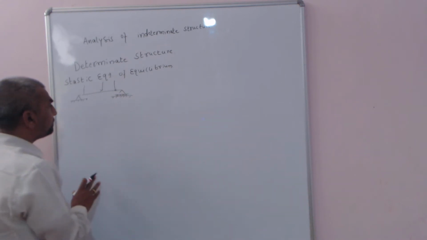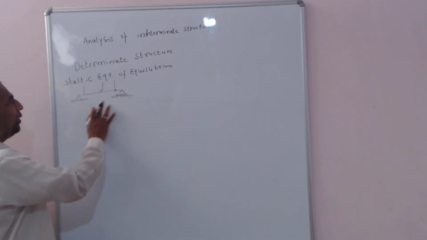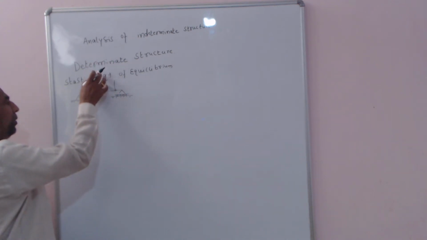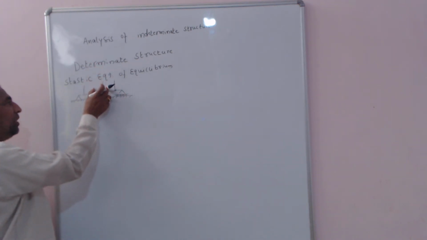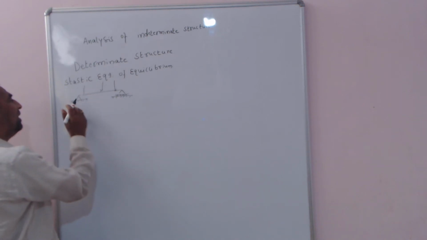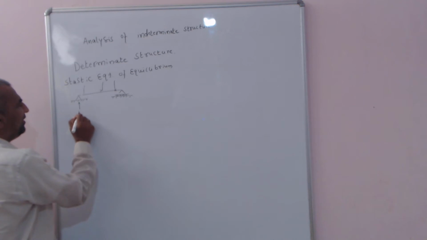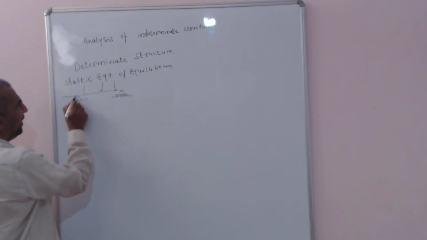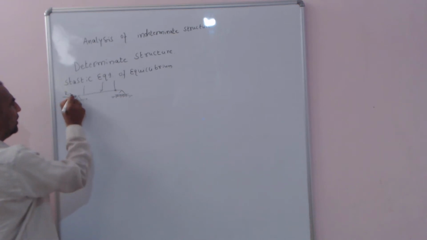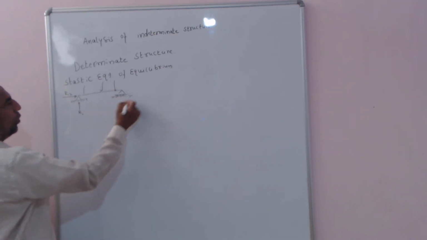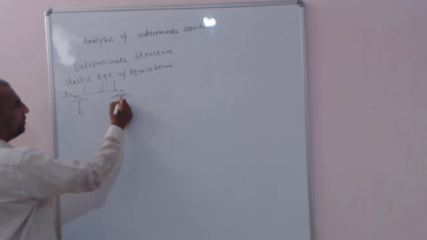If you are going for this particular structure, depending upon how you apply the load, to balance it, the magnitudes of the support reactions will change. Here one reaction, hinge means two reactions, and roller only one reaction.